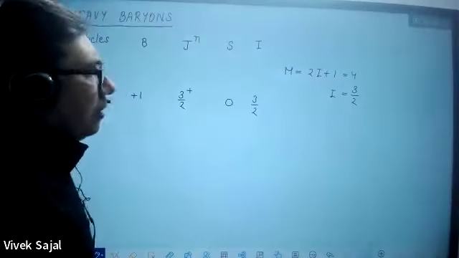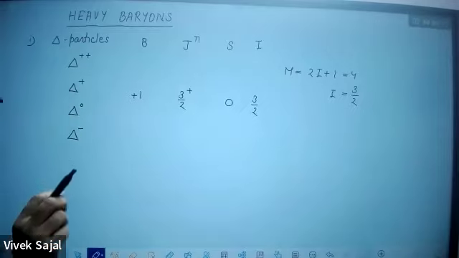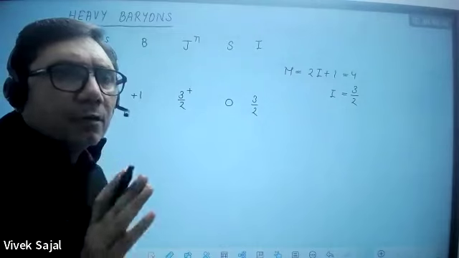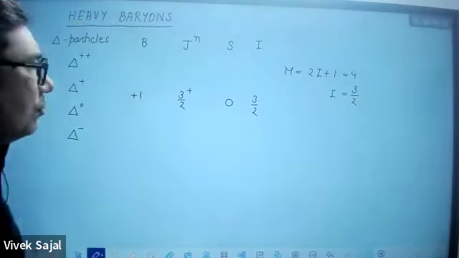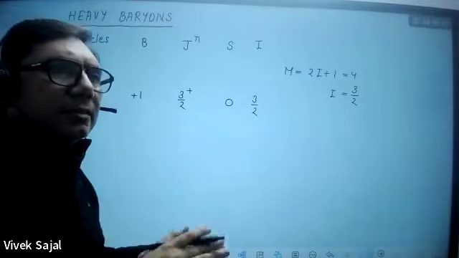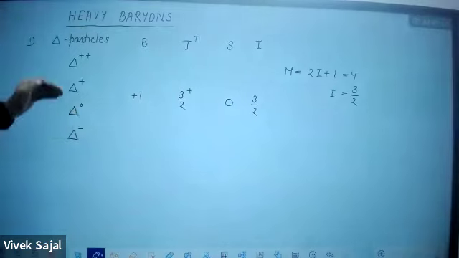Now, in strong interaction, all the four particles are going to behave as a single particle. They will behave in the same way; strong interaction cannot recognize these particles.